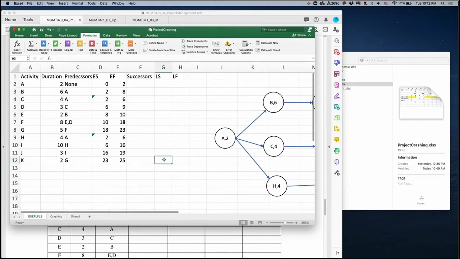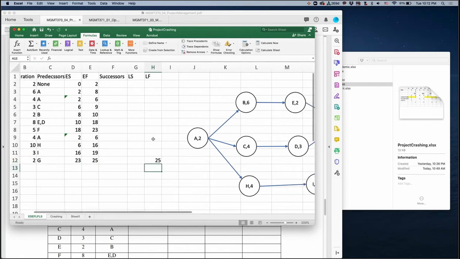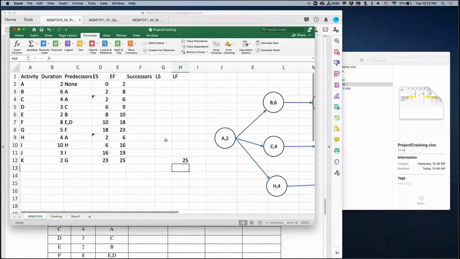But now LS is equal to simply LF minus their duration. And also to compute each LF, we need their successor information.